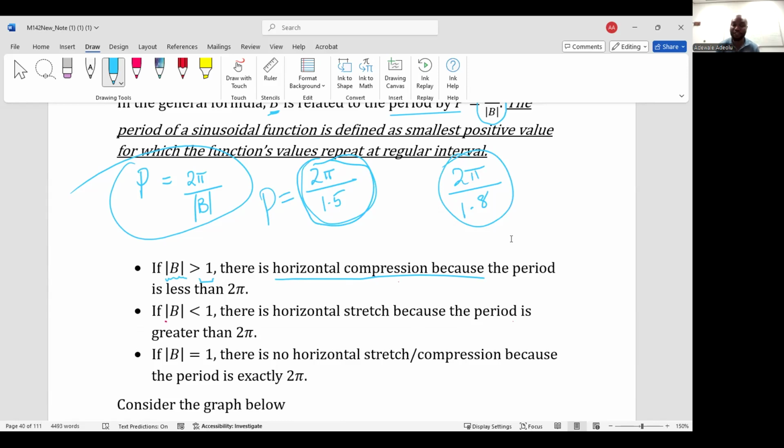Because now the period is less than 2 pi. Because we are dividing by something that is more than 1, it is shrinking the 2 pi. It is making the whole thing become smaller. And remember, what we are shrinking is P, the period itself. So the period is becoming smaller. So we say we have horizontal compression.